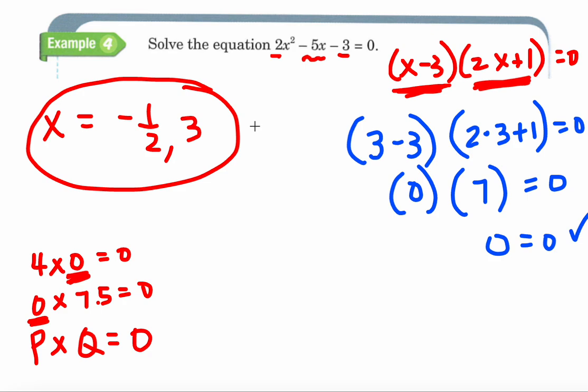If you have three binomials, you'll just end up with 3 roots. So you have negative 1/2, which made this one equal to 0, and you had 3, which made this one equal to 0. So 2 different possibilities of multiplying to get to the answer of 0.